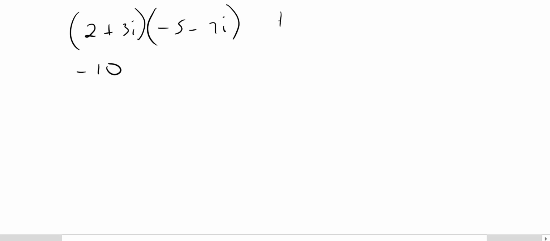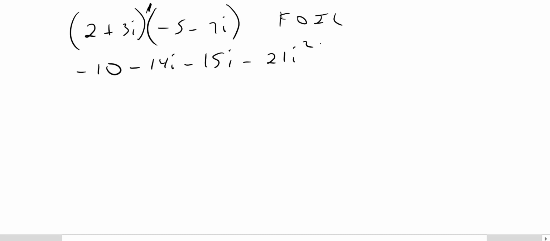That's first, right? We're using FOIL, because there's multiplication between the parentheses. So first is negative 10. Outside is minus 14i. Inside is minus 15i. And last is negative 21i squared, because i times i is i squared.